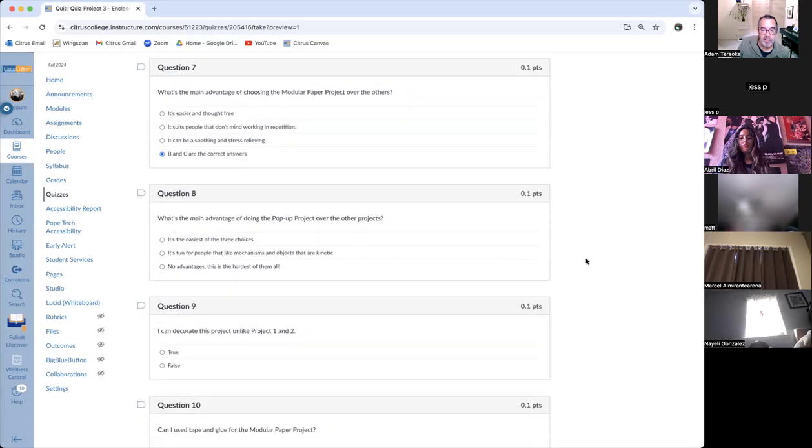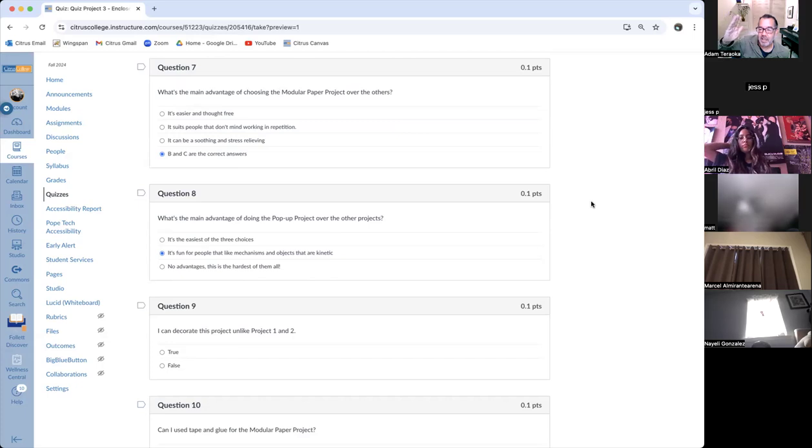What's the main advantage of doing the pop-up project over the other projects? Okay, it's fun for people that like mechanisms and objects that are kinetic. Kinetic means movement. So you're making an object that goes from 2D flat and then folds out and creates an enclosed volume.